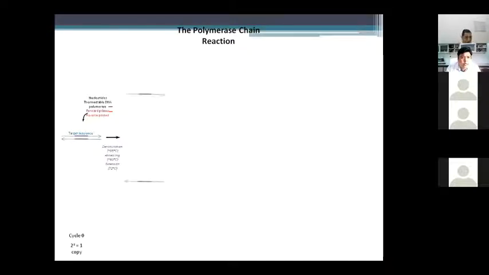So in this PCR, you have three steps. First step is denaturation, which helps in denaturing the double strand DNA into single strand DNA, and then annealing, in which the forward and reverse primers bind with the two different strands of the DNA, and after that the extension reaction.